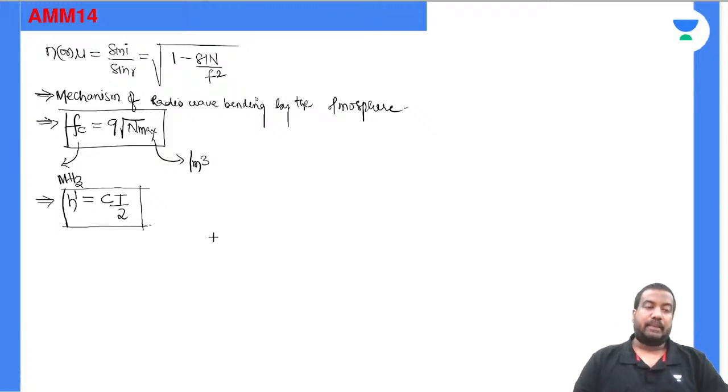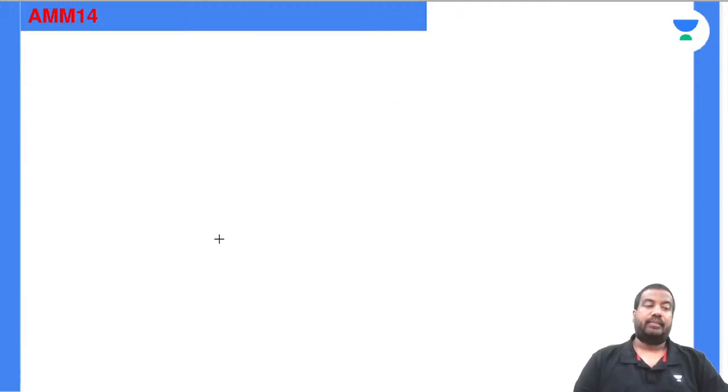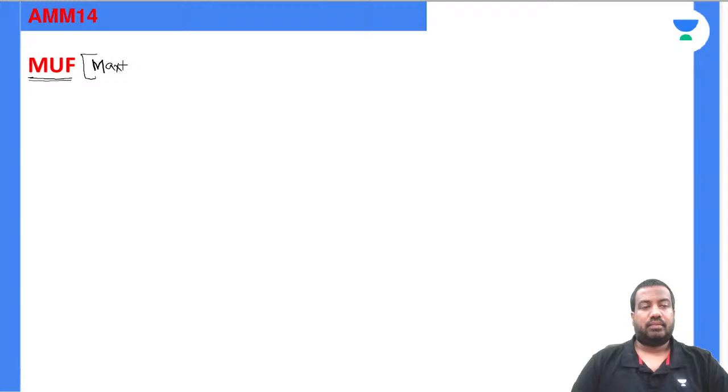Okay, now we'll move on with maximum usable frequency, MUF, given by FMUF.